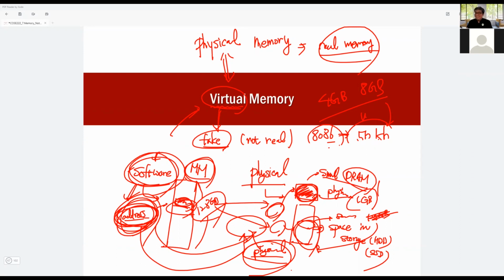But in reality, the computer system has a very small physical memory, and data is transferred between this small physical memory and the storage. So that is hardware support for software engineers.